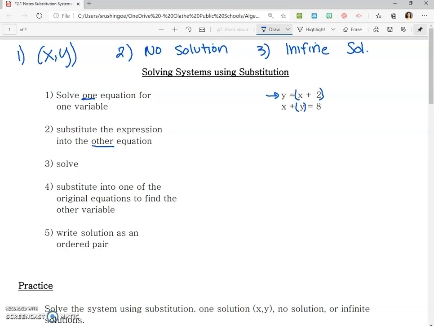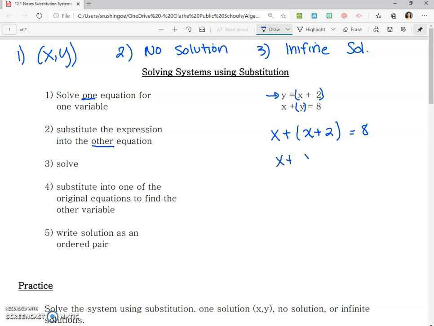So what that looks like is I'm going to write this out, x plus, and then instead of y, I wrote out the entire equation of the game, and then I'm going to replace it with what y is in that equation up there. So x plus 2. And then I'm going to go ahead and solve.